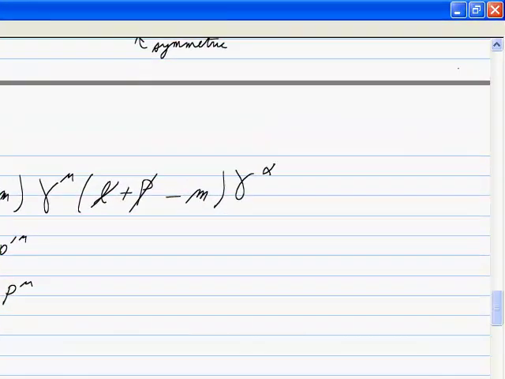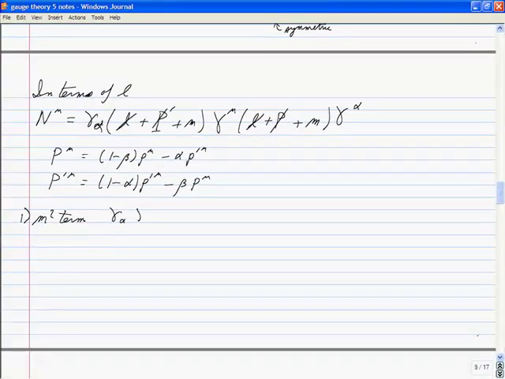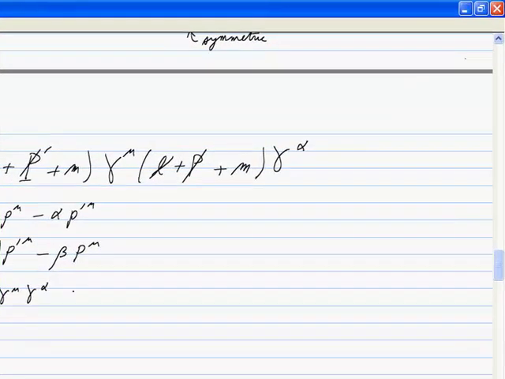I'll change it in just a second. That's a plus sign. I then end up with gamma alpha, gamma mu, gamma alpha is minus 2 gamma mu. That's one of these identities. So we drop it.